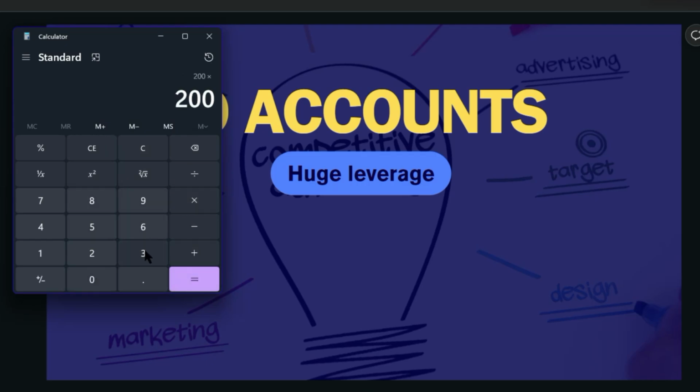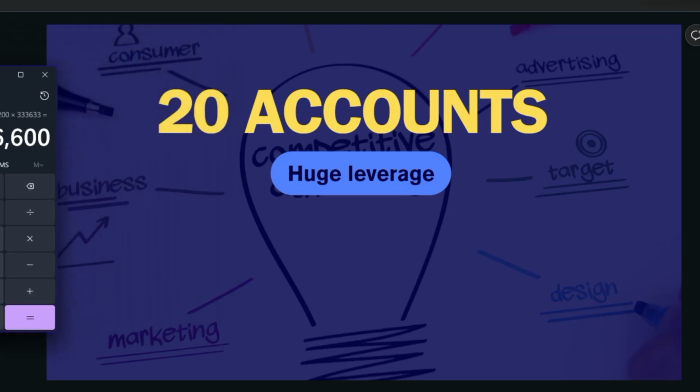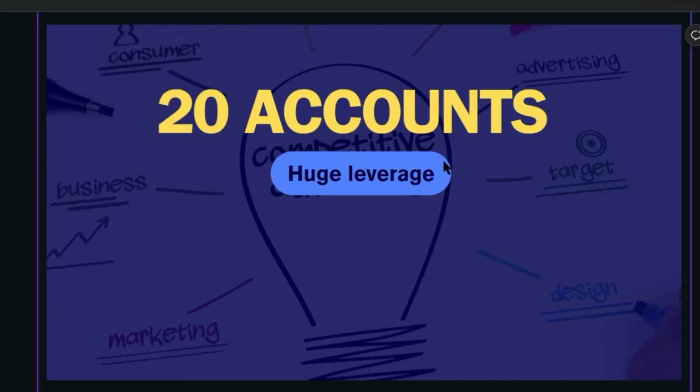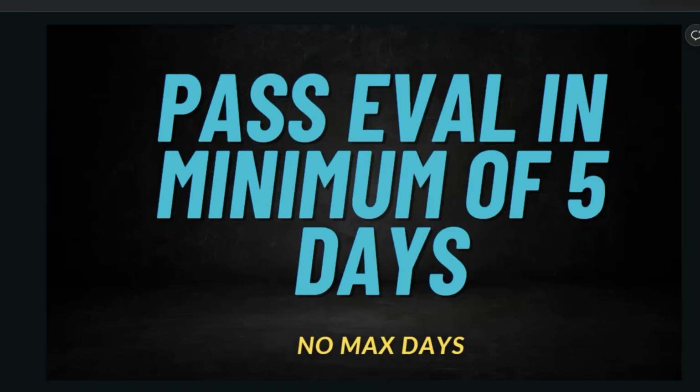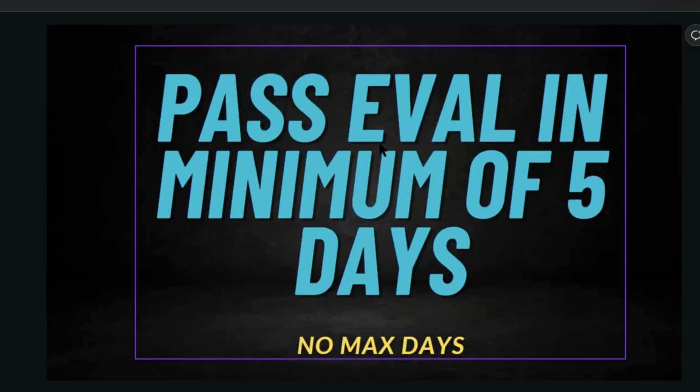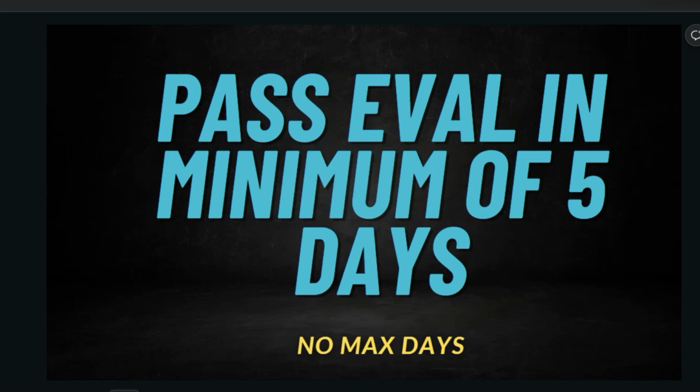And then 200 times $336,000 equals $66 million, almost $67 million worth of leverage. So 20 accounts is insane notional value. You can pass your eval in a minimum of 5 days. There's no max days. Currently, they're running 1 day.